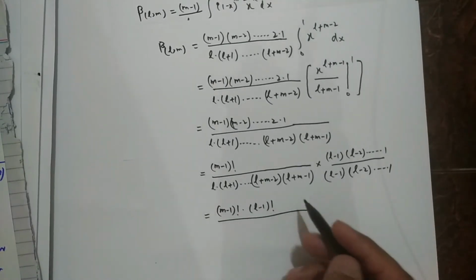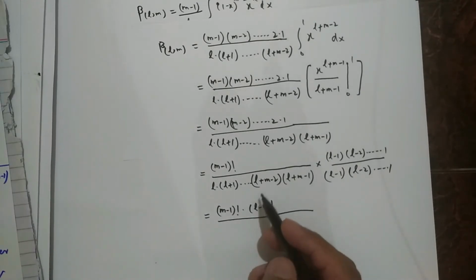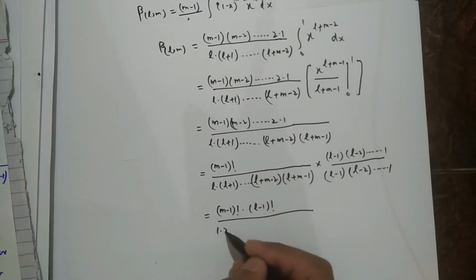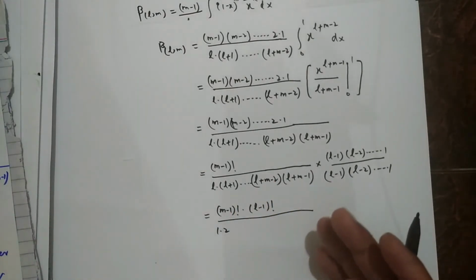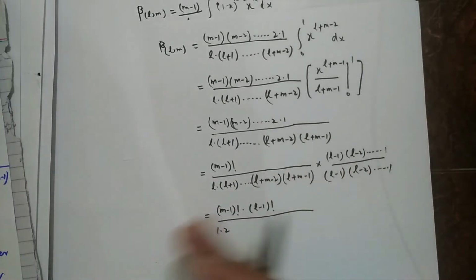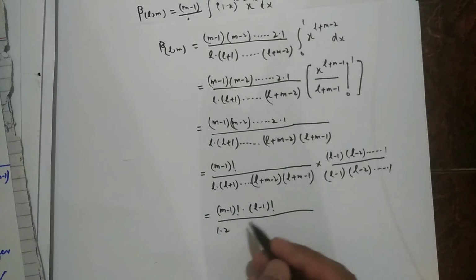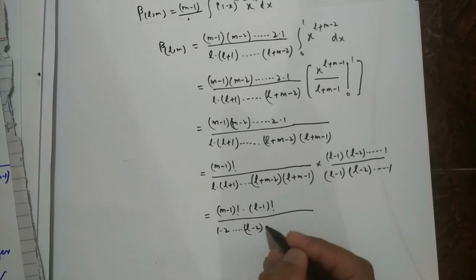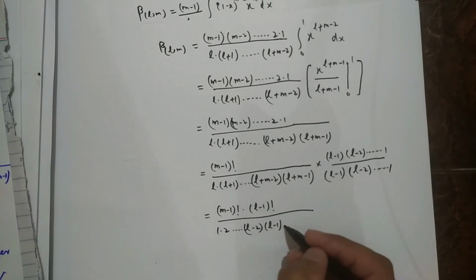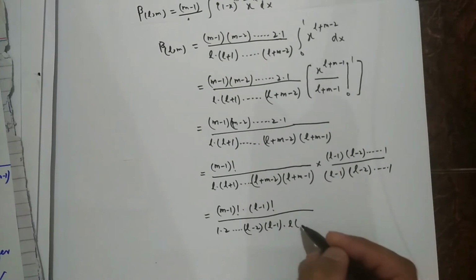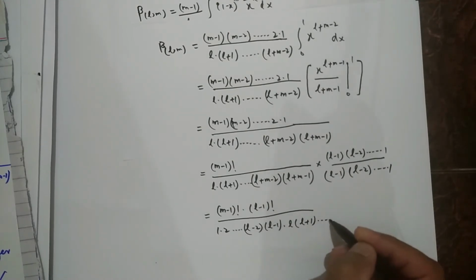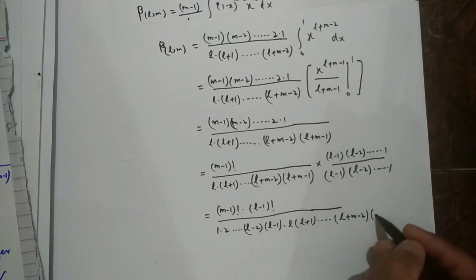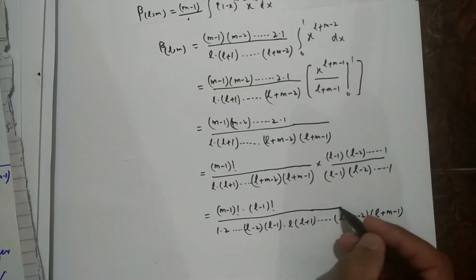In the denominator, we have 1 in the last and then 2, so there is no problem if we write it from the beginning or from the last. So this is 1, 2, 3 and up to L minus 2, and then up to L minus 1 times L, L plus 1, up to L plus m minus 2 times L plus m minus 1.